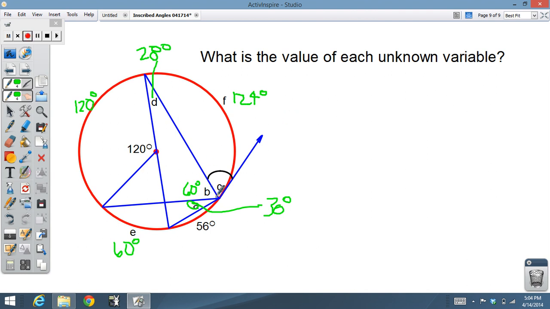And using our last theorem, 12.12, the tangent formed by this line here and this line here means that angle C must be half of 124 or 62 degrees.